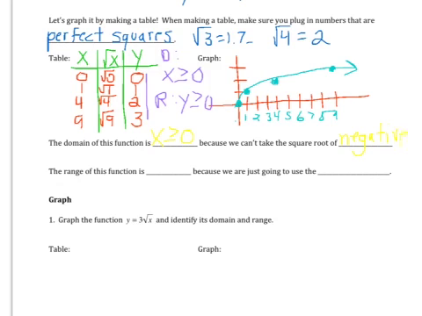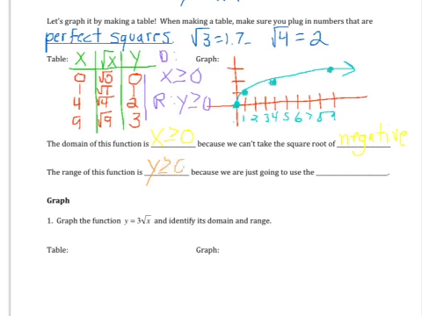The range of this function is y is greater than or equal to 0 because we are just going to use the positive values. Let's do another graph and see how it turns out.